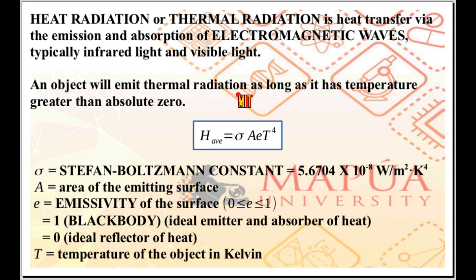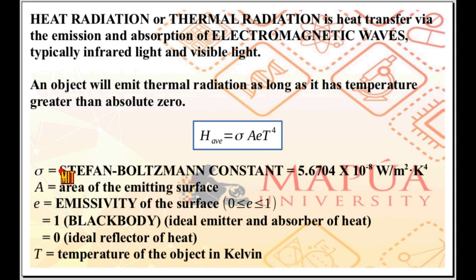And the rate at which an object will emit thermal radiation is given by H average is equal to sigma AET to the fourth power. Again, that's average heat transfer rate. H average is equal to sigma AET to the fourth power.